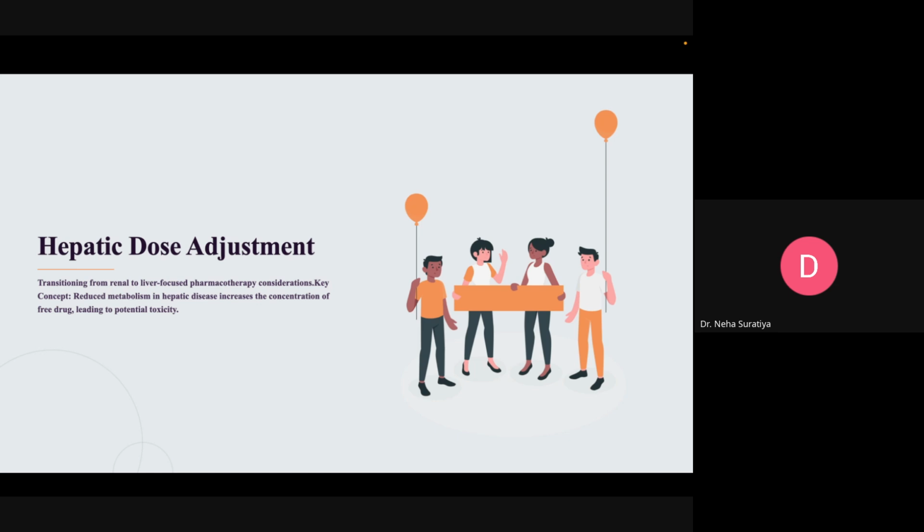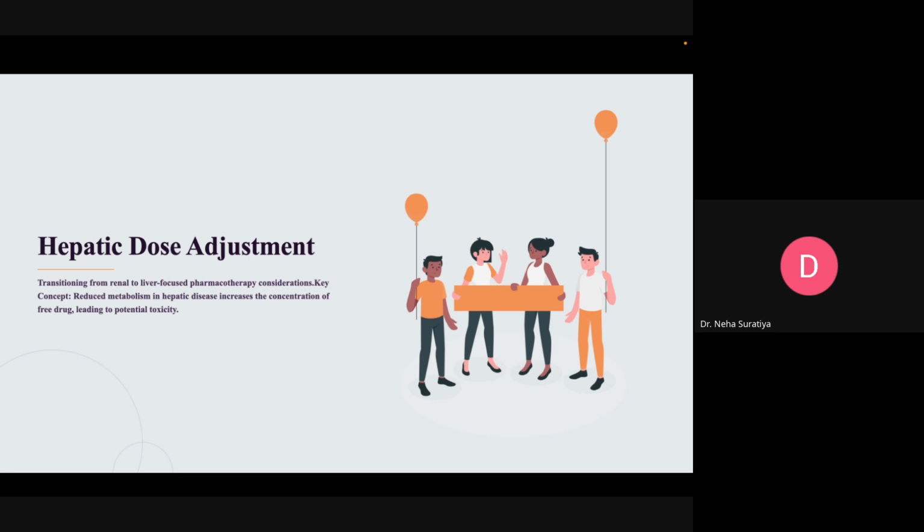Liver diseases can reduce the whole enzymatic activity, and we need enzymes for conversion from an inactive molecule to an active molecule and all of these things. So drugs will stay longer if the patient has hepatic impairment, and the same scenario will happen as in renal impairment: a higher plasma level of the drug that can lead to potential toxicity. If the free drug is there, that can lead to toxicity.